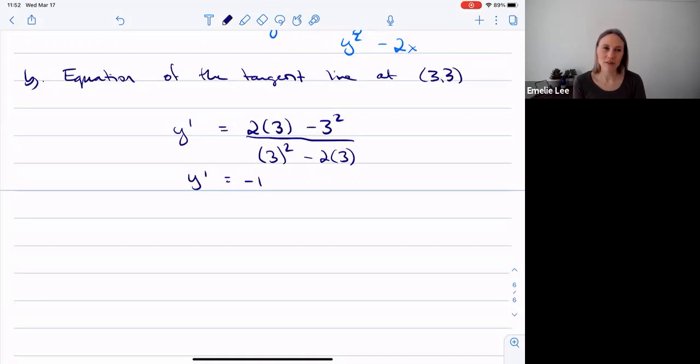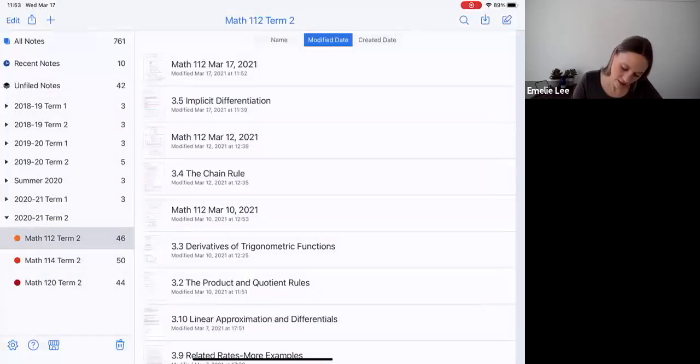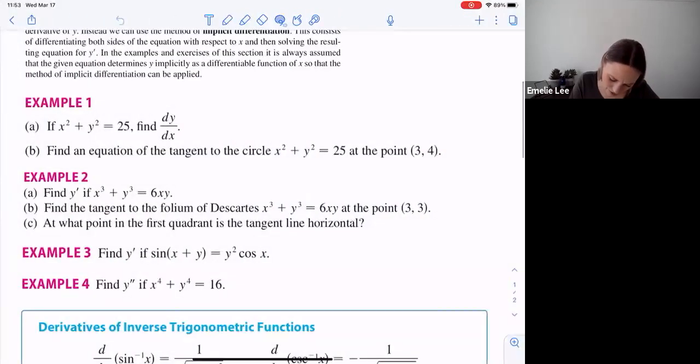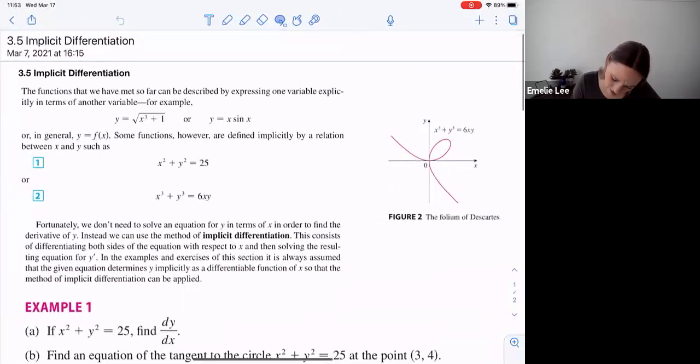Because we have the graph of this function, how about we have a look and make sure that what we're saying makes sense.